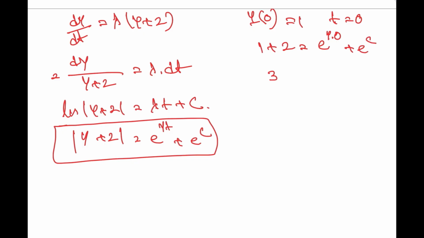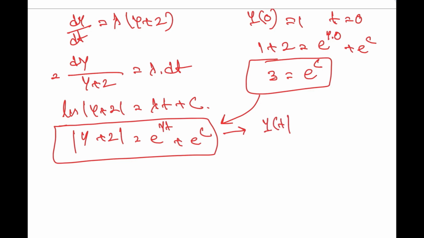Here we will get 3 equals, we know e to the power 0 equals 1, so plus c. So e to the power c comes to 3, so we will put this e to the power c equals 3 in this equation. So from here we will get y plus 2 equals 3 e to the power yt.